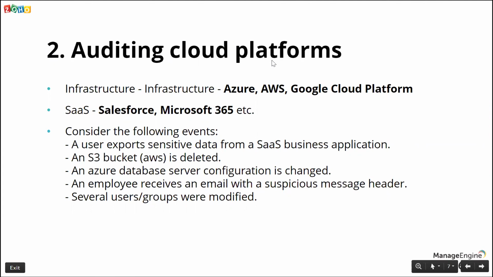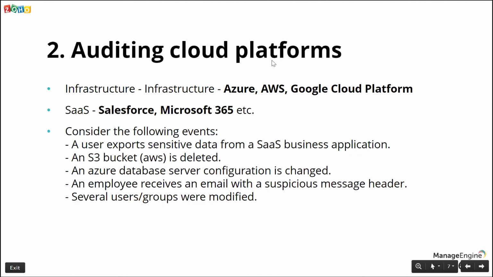So the problem is not really with the fact that, I'm not going to get into a debate about is the cloud more or less secure. It's really not about that, but rather that a lot of the security controls that are available on premise do not seamlessly translate to the cloud, right?